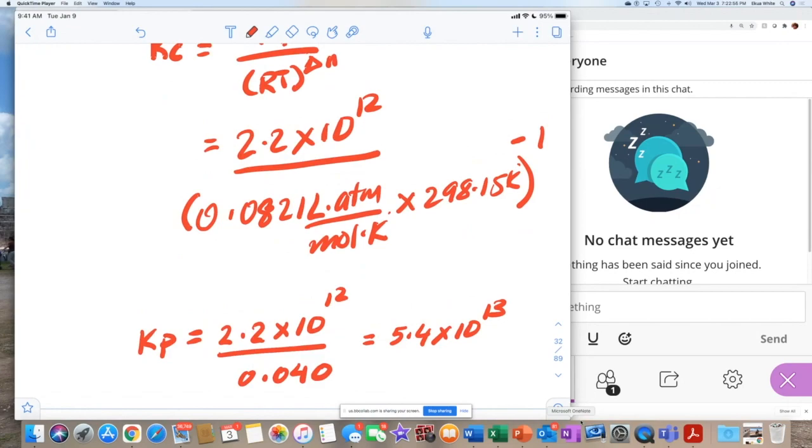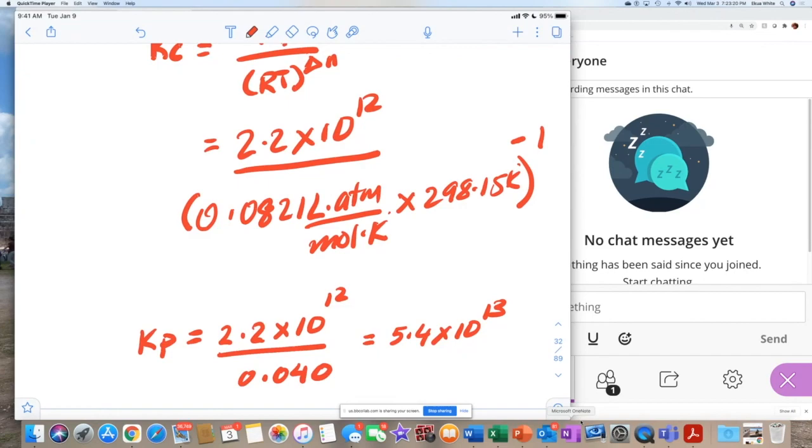So I want to double check my math before I compare it with the answer they have. I'm going to try to do all this in one calculation. Open parentheses, 2.2 exponent 12 to the right, close parentheses, divide by, open parentheses, 0.0821 times 298.15, close parentheses, raised to the power negative 1.